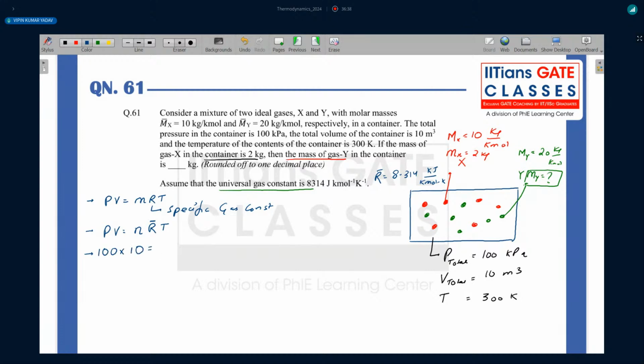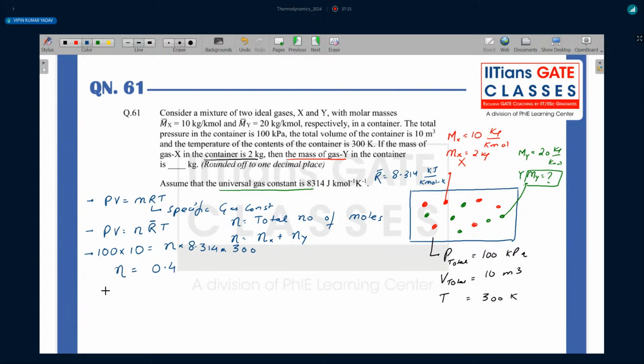Volume also I know. n I don't know. n here is total number of moles, which means n is equal to number of moles of X plus number of moles of Y. Okay. Now this is 8.314 into 300, the temperature. So I can find n. Now n you will get as 0.4.